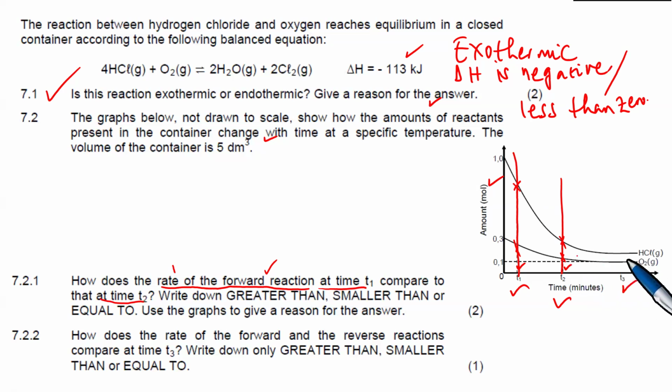In other words, here the rate was faster. It was a greater rate, so you need to use the word greater than, smaller than. It was a greater rate because here you can see that it's becoming more level. So in 7.2.1, it was greater than.